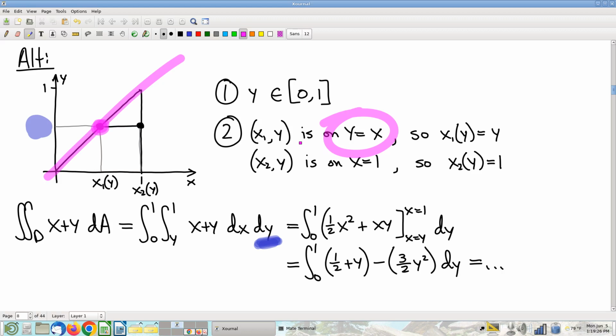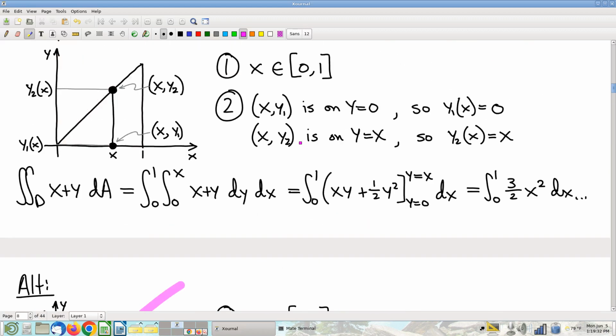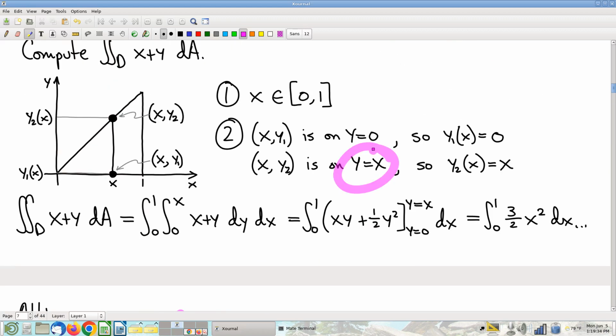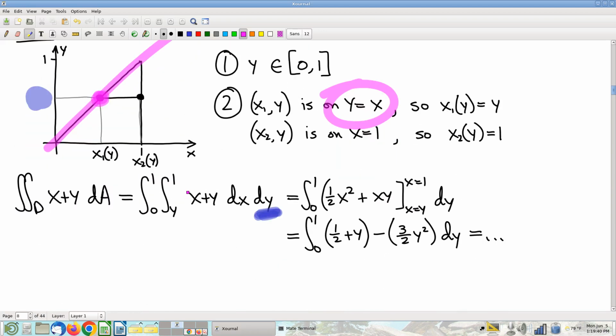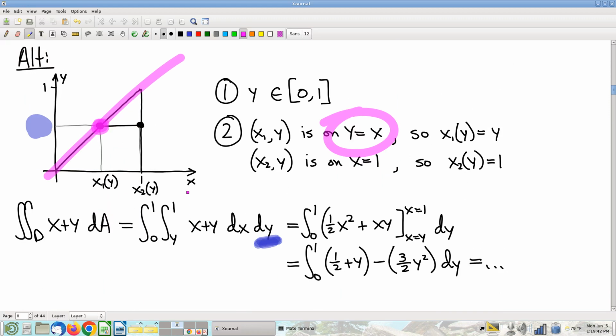Now here's where a lot of students will get it wrong. A lot of students will look at that and say, I've seen that one before. Y equals x. Yeah, so we did that one last time, and that gave us a bound of x. So I guess the answer is x. But no, the answer here is not x. The lower bound is not x. Because we're looking for x as a function of y, I need to solve for x in that equation.